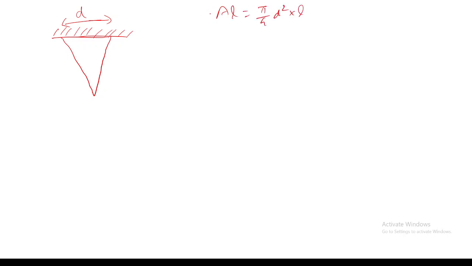For example, I am having a conical bar like this, fixed at the support, and it has a diameter of d. If I imagine a cylinder of diameter d, the volume will be A into L, which is pi by 4 d square into L.